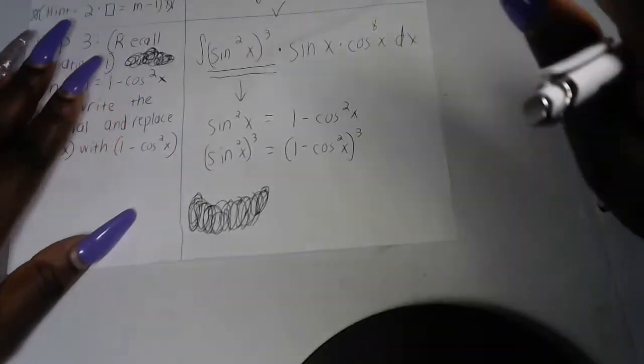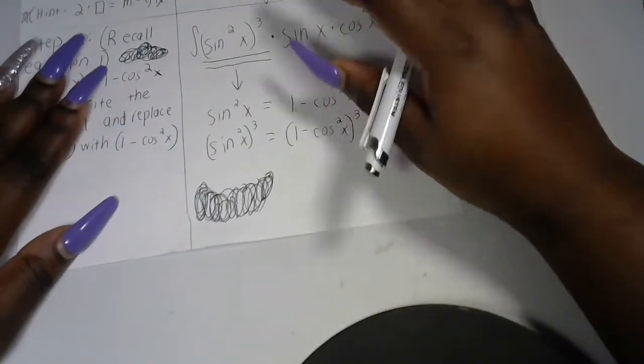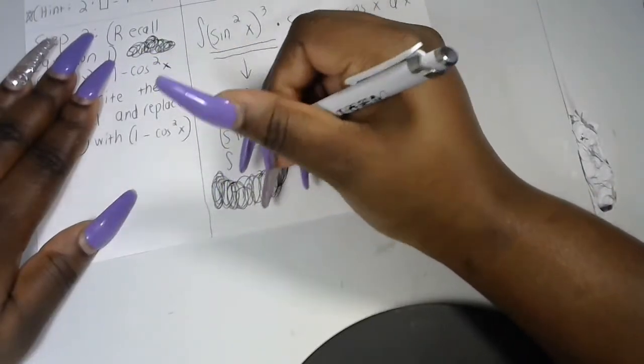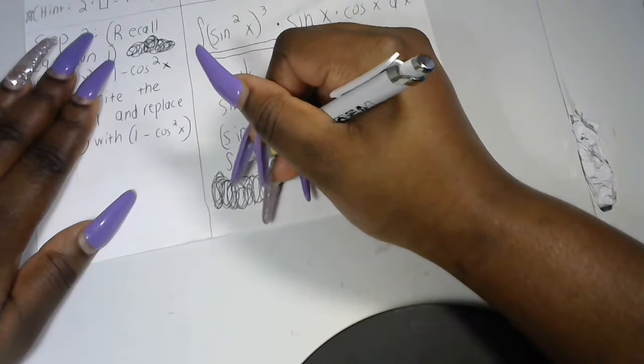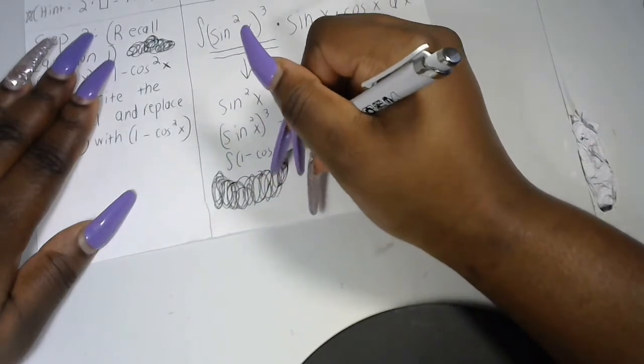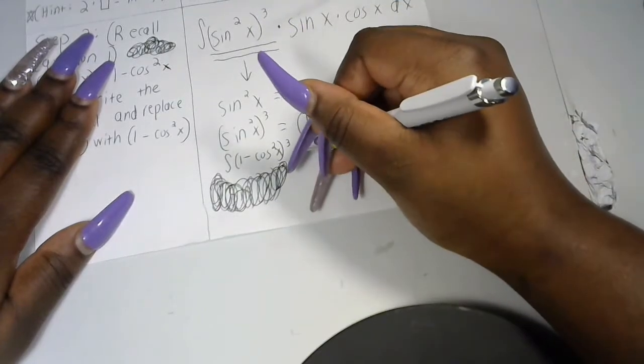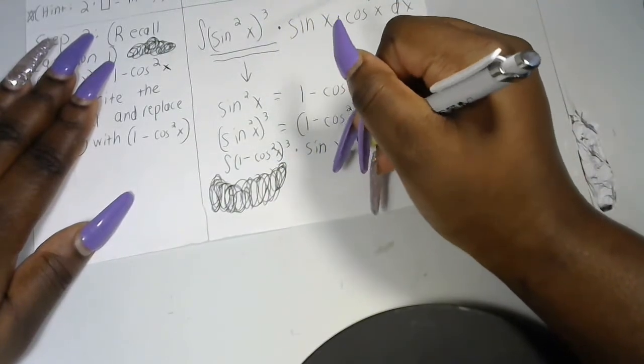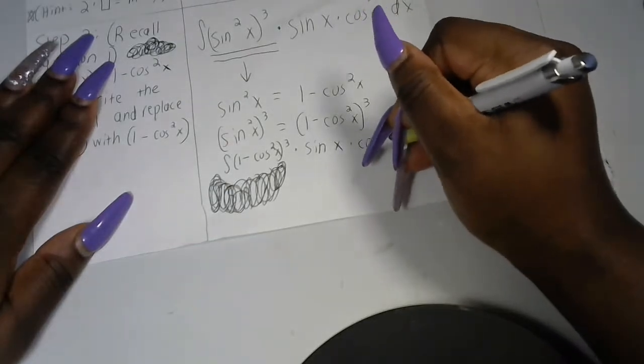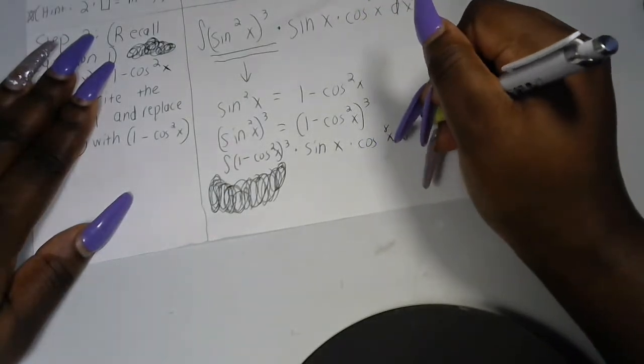So when we rewrite the integral, we have the integral of 1 minus cosine x squared to the third power times sine x times cosine x to the 8th power dx.